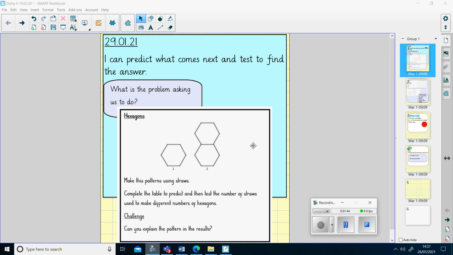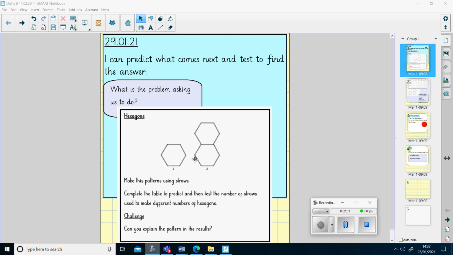So we're going to have a table to complete. There is a table uploaded into Teams that you can print if you need to, or if you haven't got a printer or you don't want to print it, then you can draw the table onto your paper using a ruler. So let's have a look.